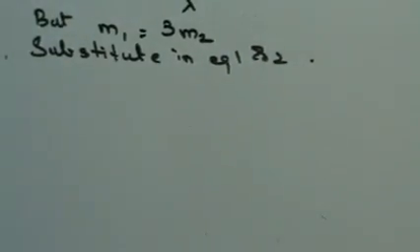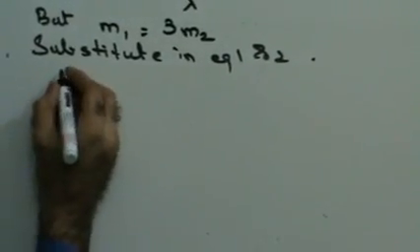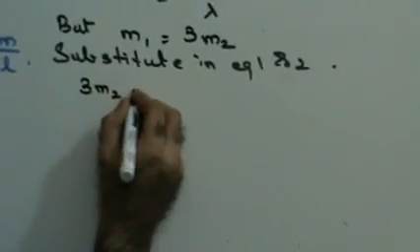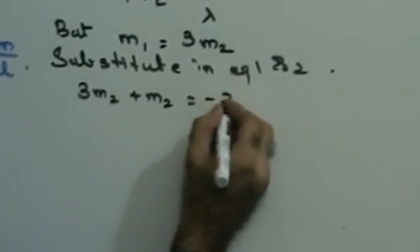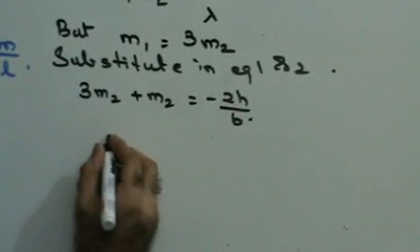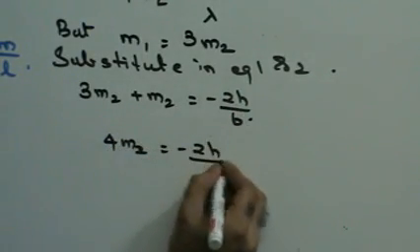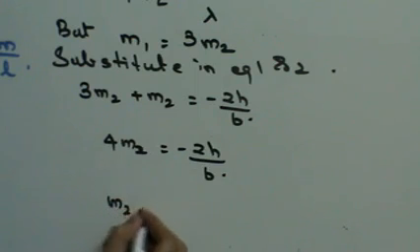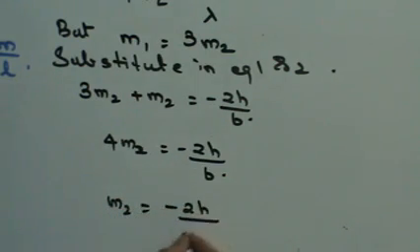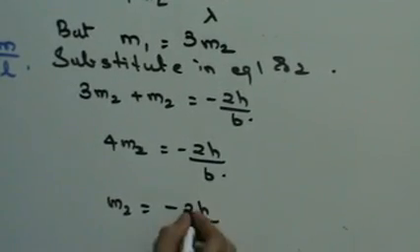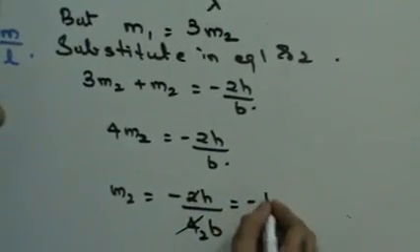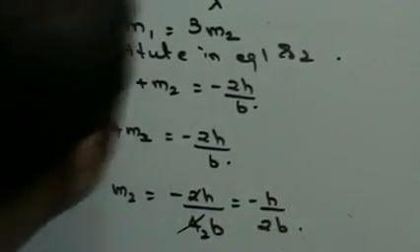If I substitute this in equation 1, instead of m1 I'll write 3 times m2 plus m2 is minus 2h upon b. 4 times m2 is minus 2h upon b. m2 is minus 2h upon 4b, so this is minus h upon 2b.